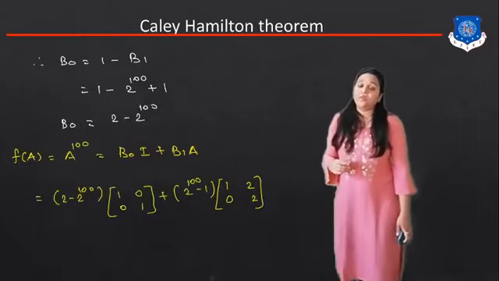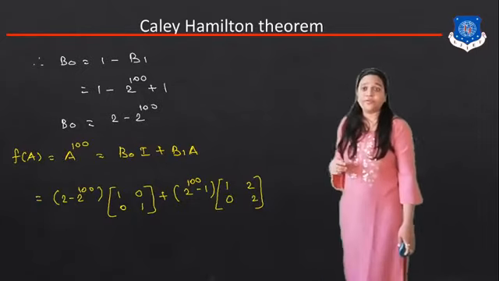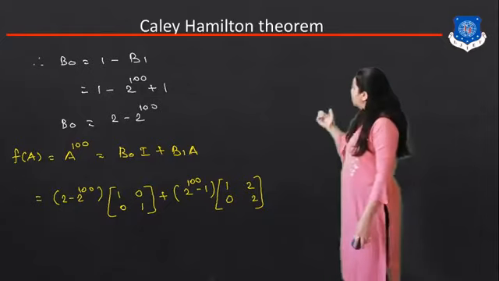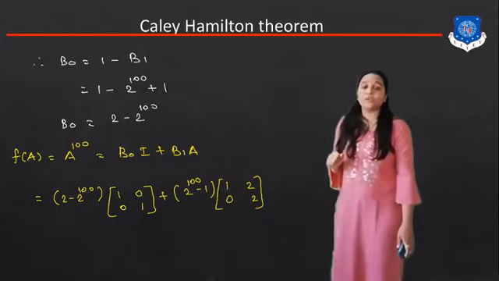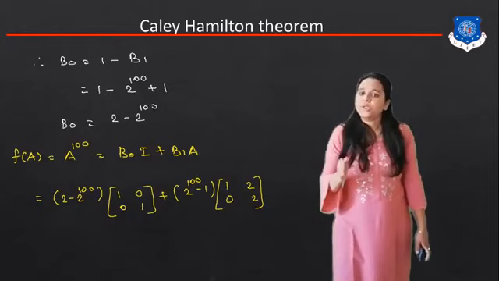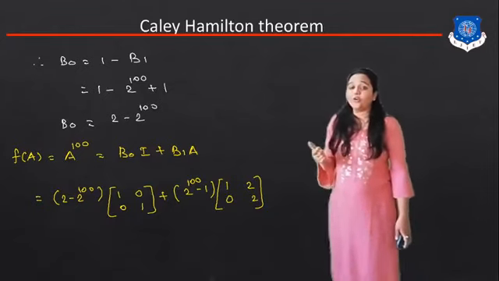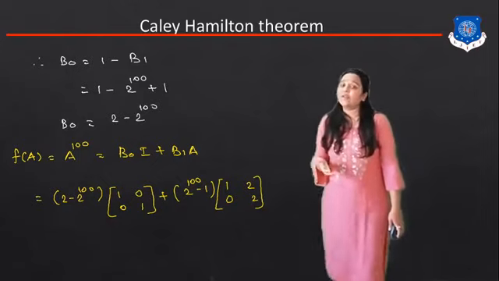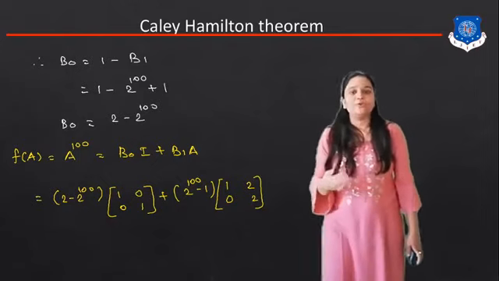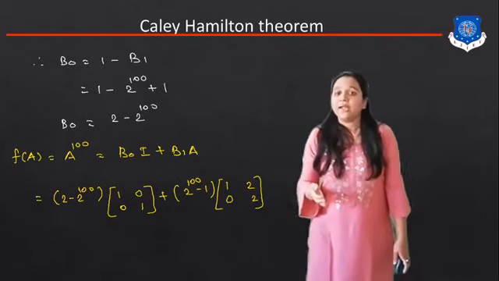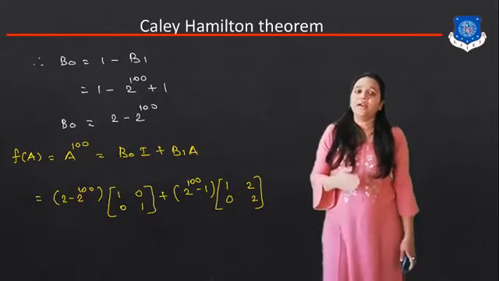Okay, now we have to find the value of A raised to 100. So the function of A, that is A raised to 100, is equal to b0 I plus b1 A. We have to find the value of b0 and b1 using the roots, lambda 1 and lambda 2.